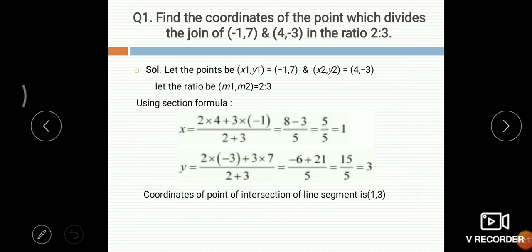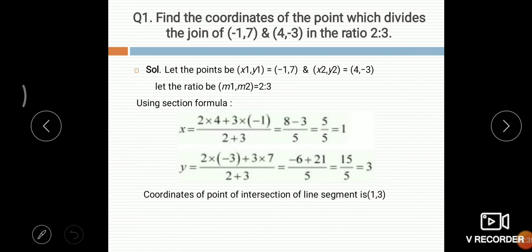So we know that firstly we assume our points. Let A be the point (-1, 7), where -1 is x1 and 7 is y1, and let the point (x2, y2) be B. x2 is 4 and y2 is -3.